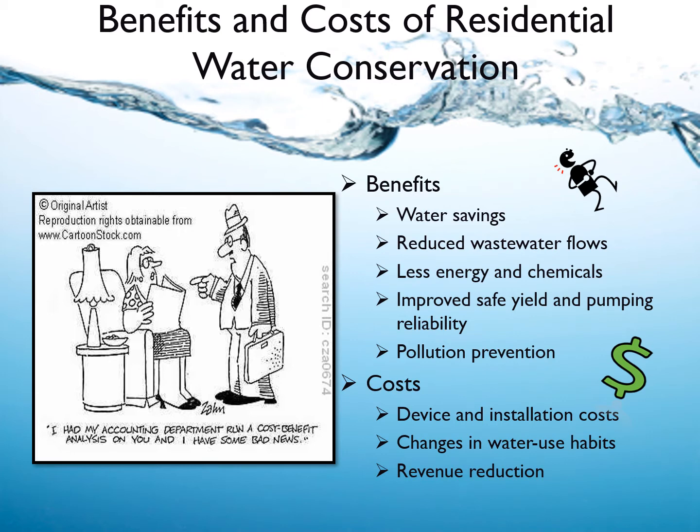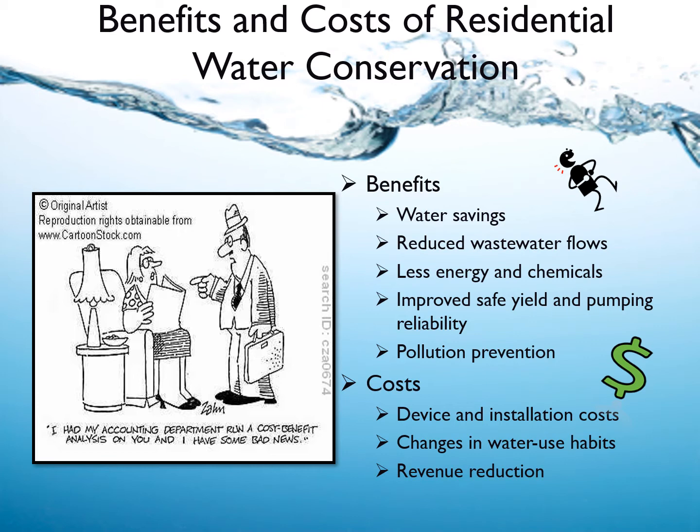Now the wastewater is a lot more concentrated, but at this point, the wastewater plants that are in service now seem to be able to manage it, but it's far more concentrated than it used to be. You're going to use less energy and less chemicals when you use less water. And these are costs that have changed a lot and gone up dramatically in the last 10, 15 years.